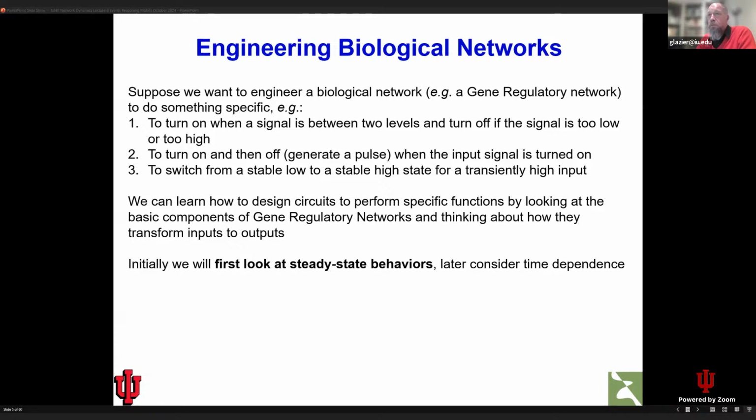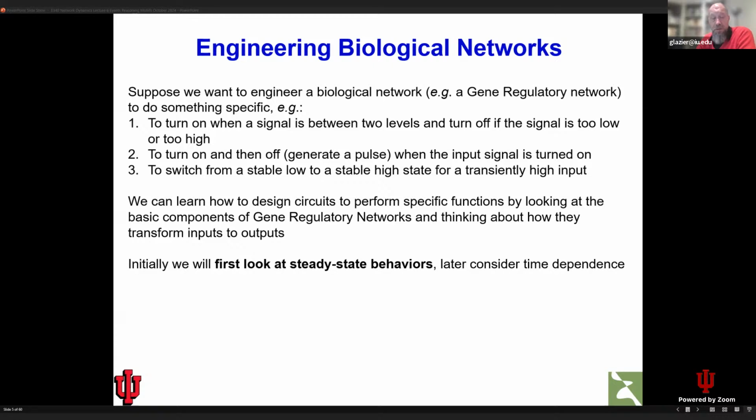So typically when we're going to design a network or analyze a network, we want it to do something. There are a lot of different things that it might do, but we often will ask for it to turn on when a signal is, for example, between 2 levels. So for a low input, we want it to be off.